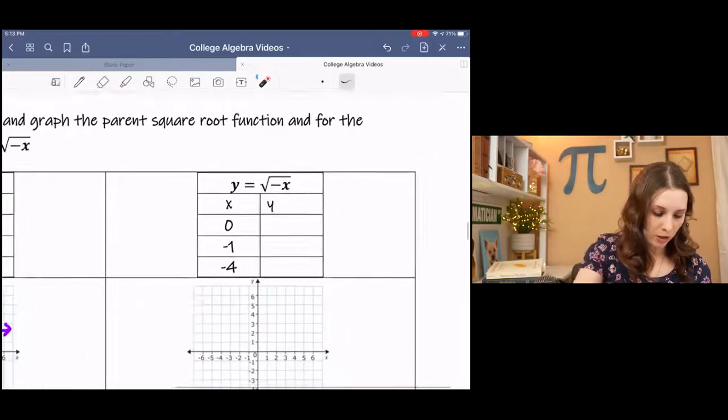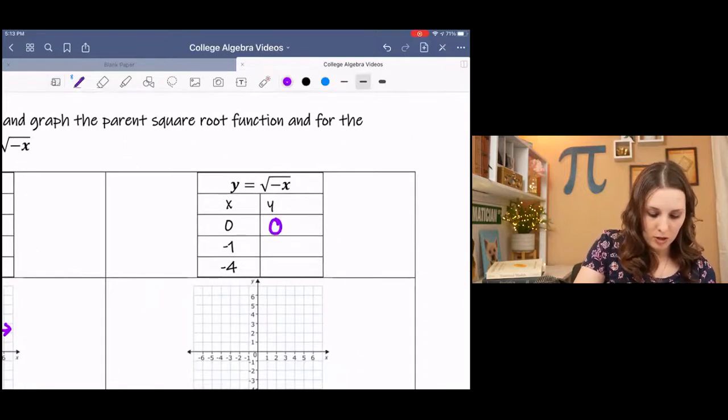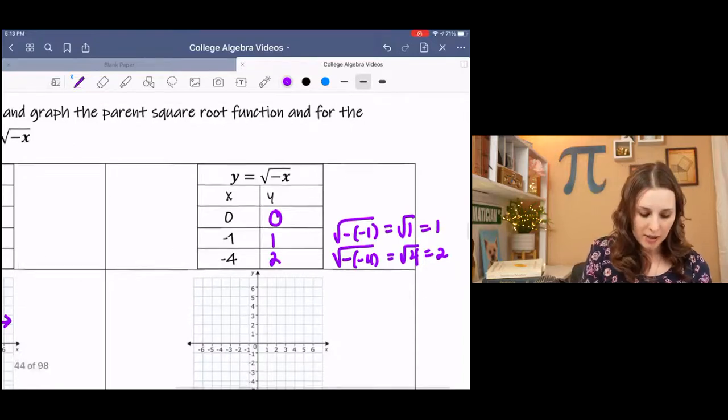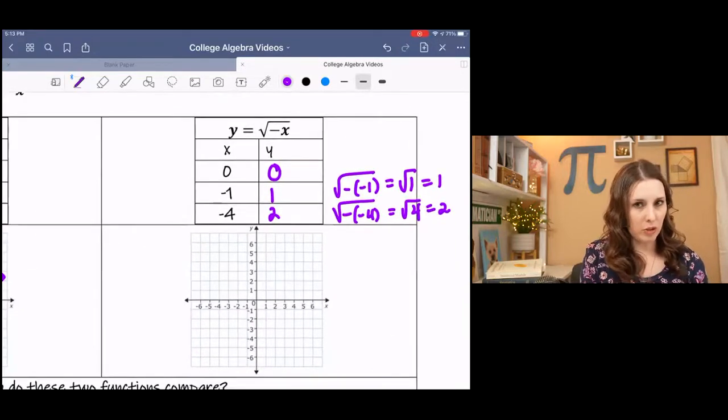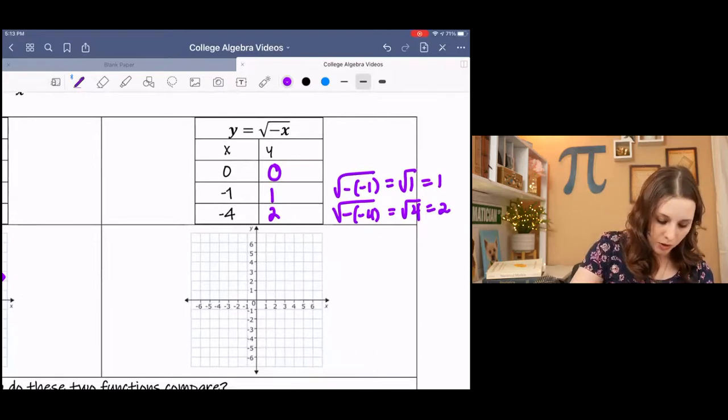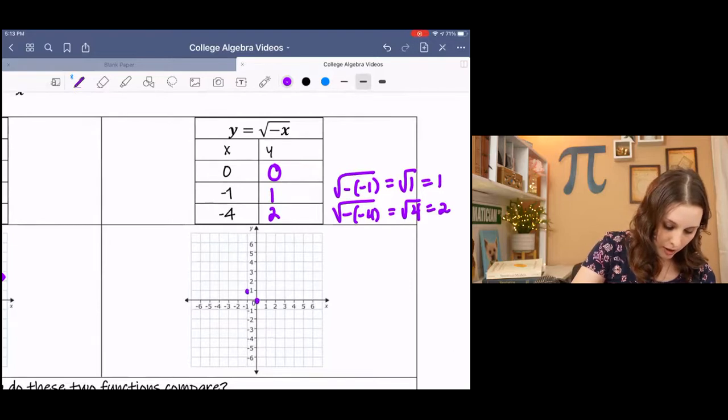And what's happening here is we have square root of 0 is just 0. And then square root of -1 is square root of 1, which is 1. And then square root of -4 is square root of 4, which is 2. So I have different x values, but my y values were the same. So now it's going to look like this.